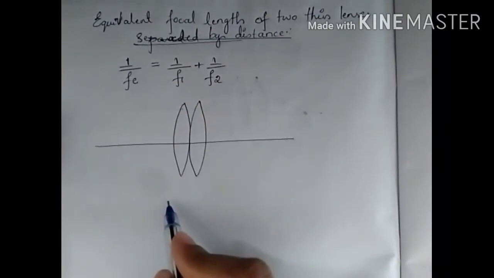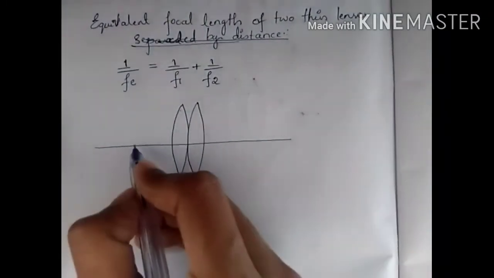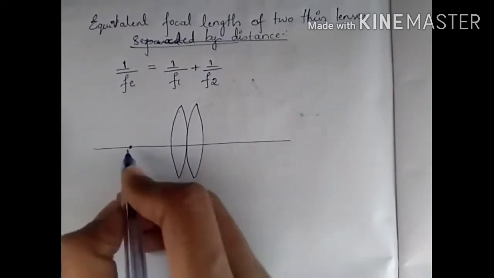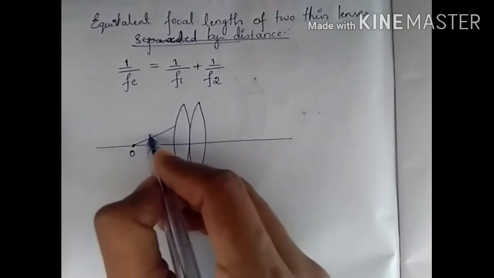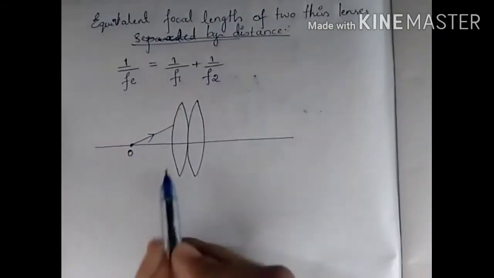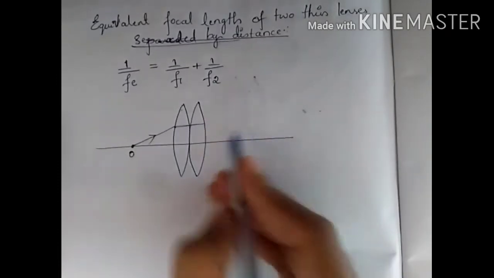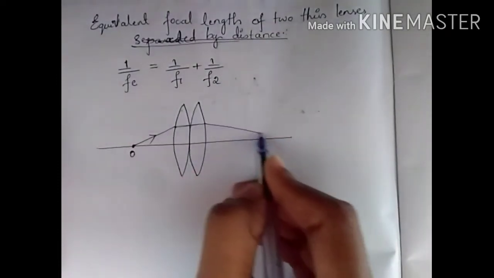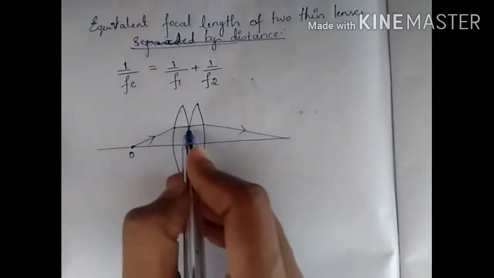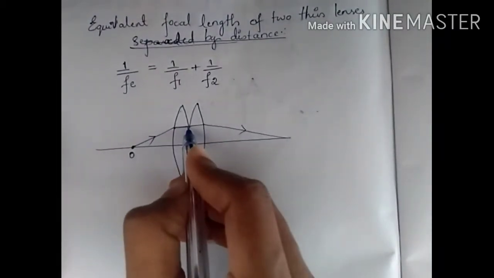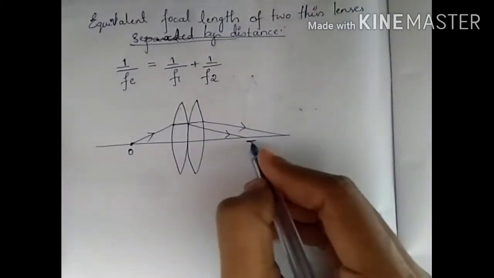Now this is the principal axis that is passing through the center of the two lenses, and if you have an object O here, then if you incident a ray, this ray gets refracted and falls here. There is another lens here, so this ray again gets refracted from this lens and forms an image here.